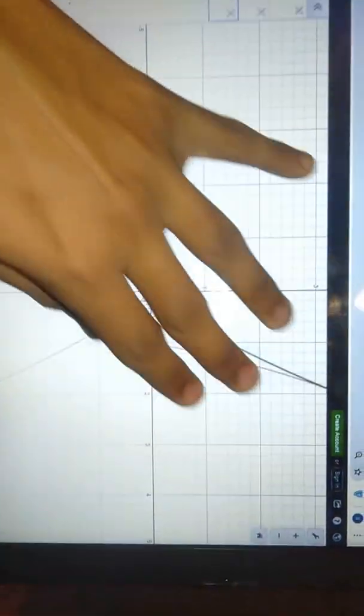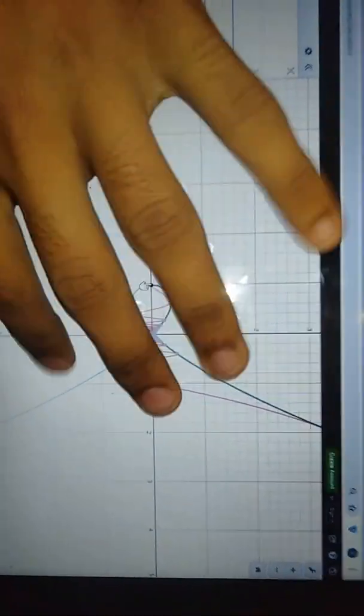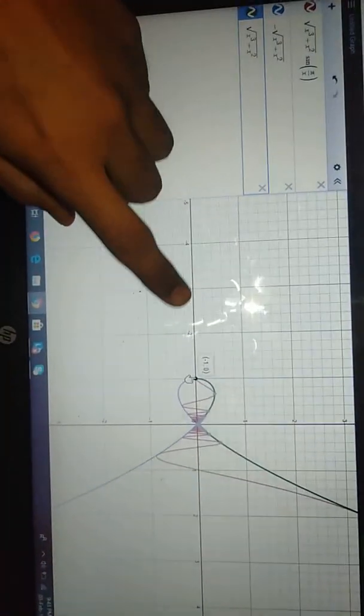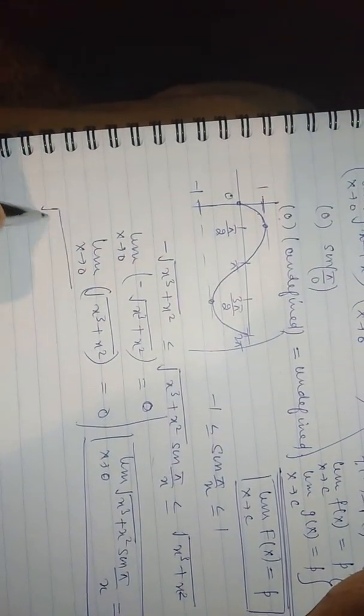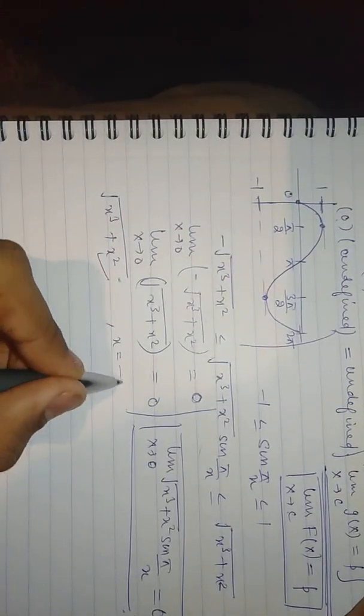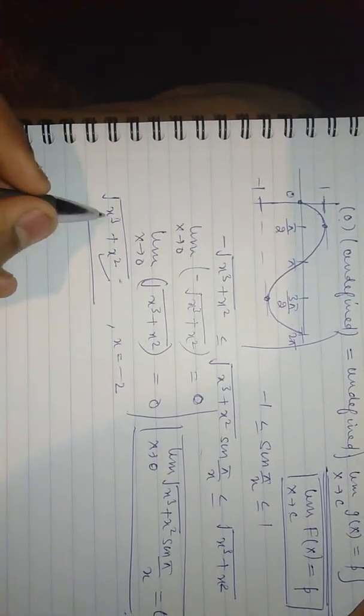So why are the negative x's beyond minus 1 neglected? Why should this be the case? See this. If I put minus 2 here, take this function x cube plus x squared, and put x as minus 2.